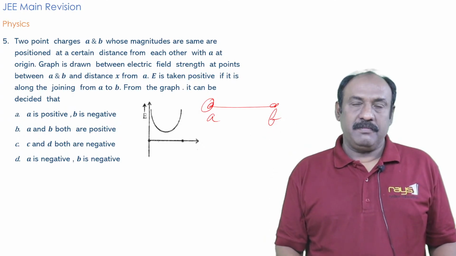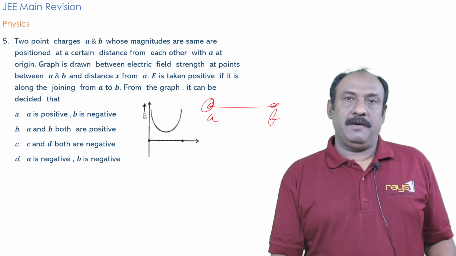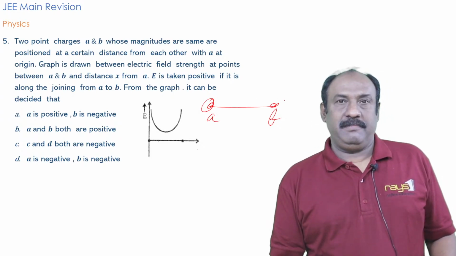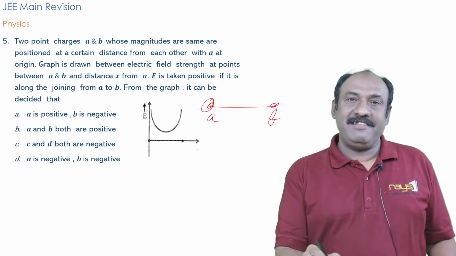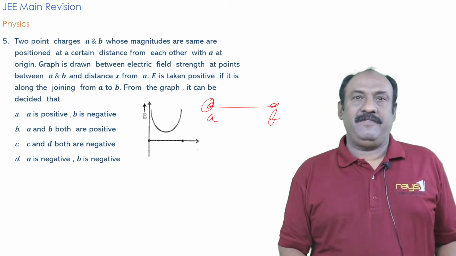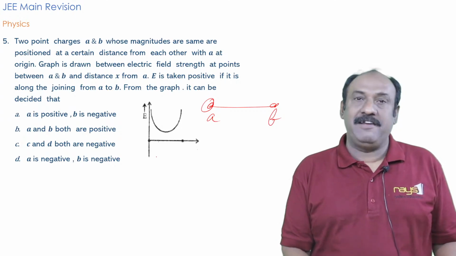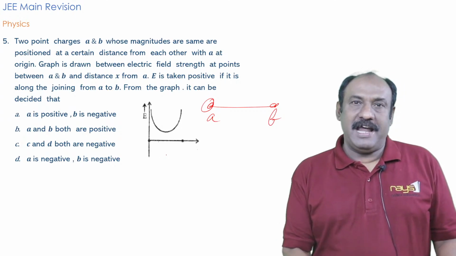Now, when we move from point A to B, the electric field intensity due to these two charges varies with the distance, as given in the following graph.